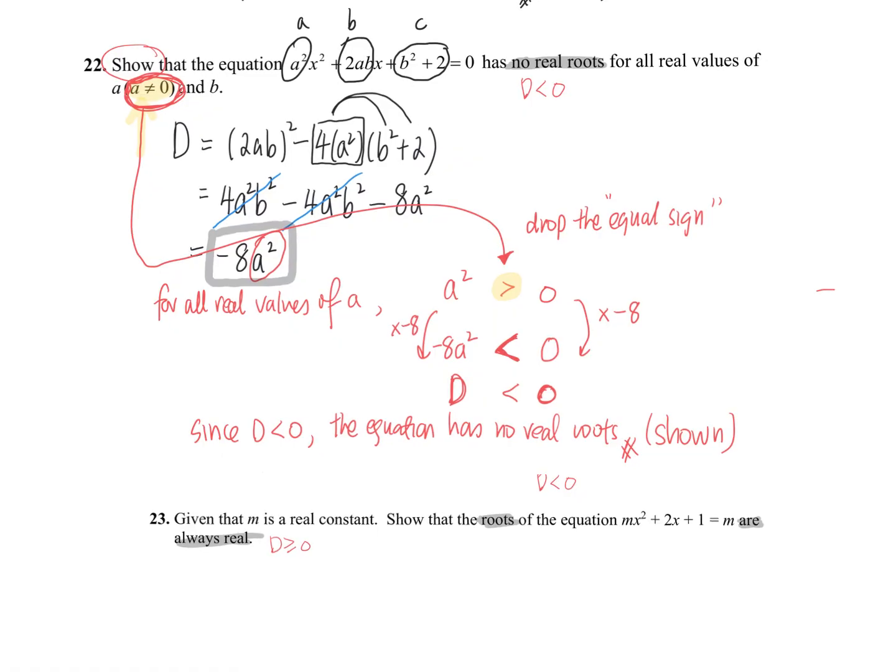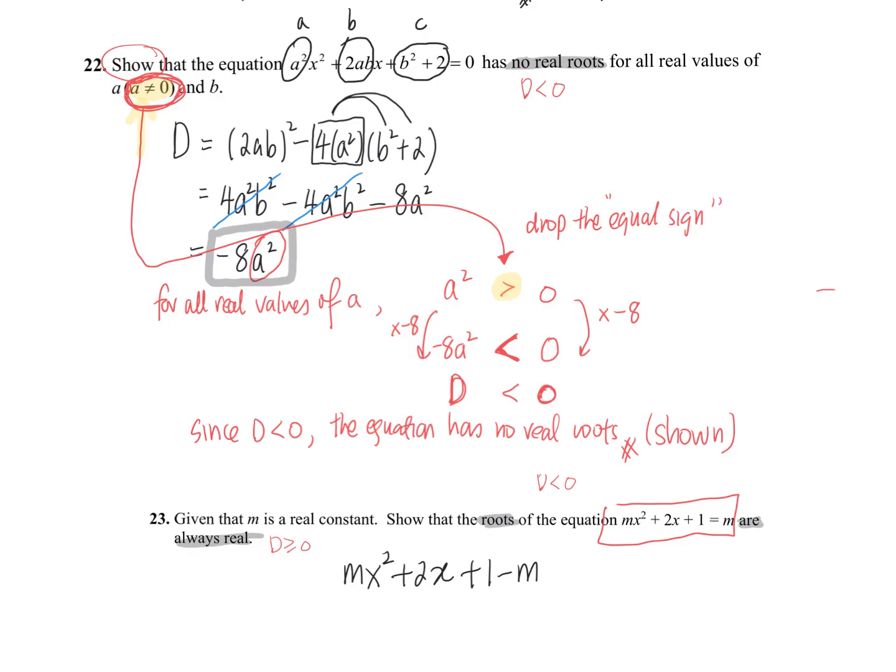Okay, last example. I want to show that the roots are always real. So same thing. Just tidy up your expression first. Don't jump to doing the question straight away. Rearrange them. Put the x together.